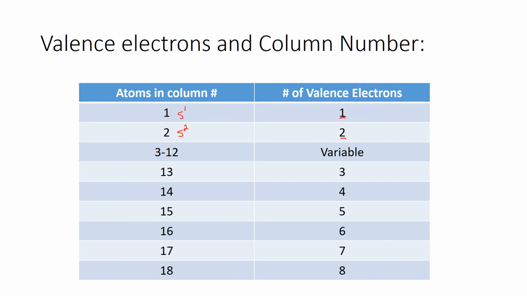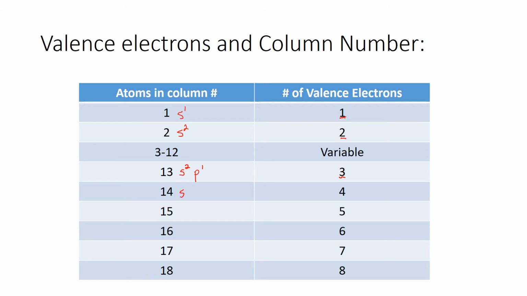So column 13, in that outer level at that final row, every single one of them will have 2 in the S, from the beginning of the row, and then 1 in that P sublevel. Well, for valence electrons, we add both the S's and the P's, so that becomes 2 plus 1, which gives you 3 valence electrons for everything in column 13.